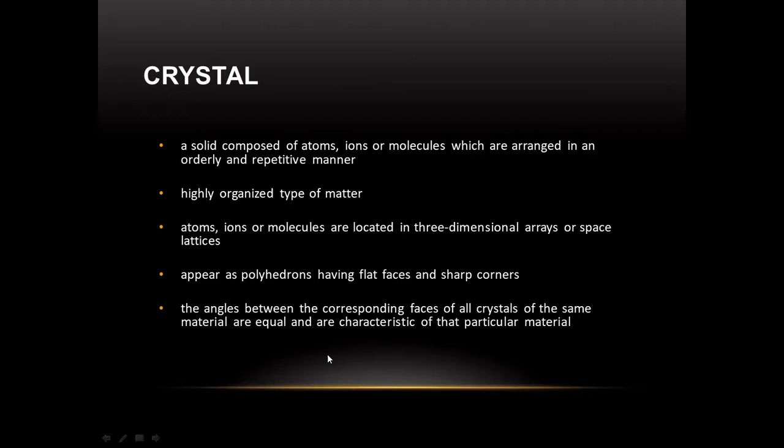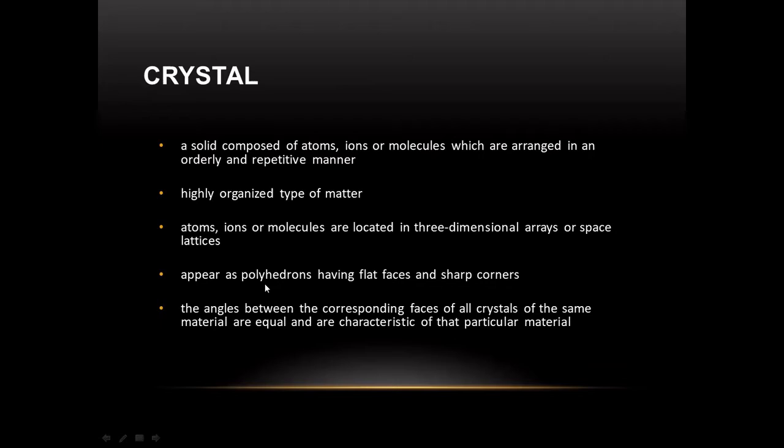So in terms of structure, it's very balanced. The structure is orderly and organized. As referred to here, it's a highly organized type of matter. So atoms, ions, and molecules here are located in three-dimensional arrays or space lattices.